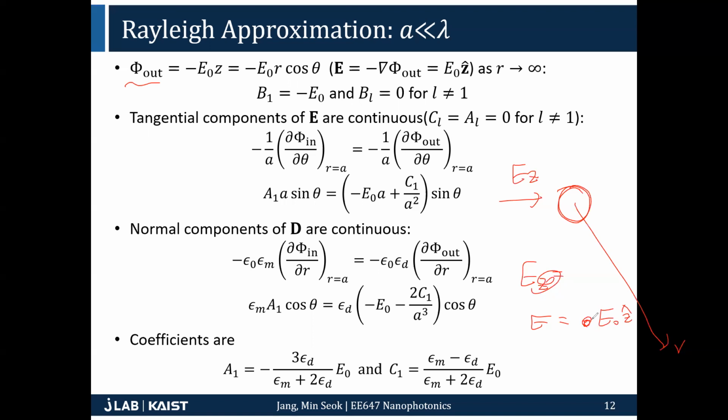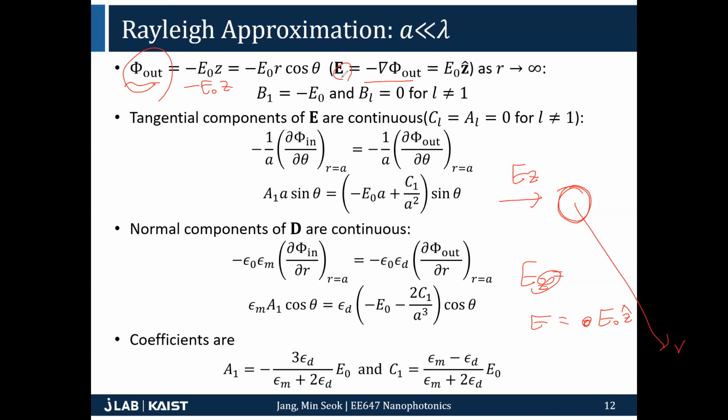What I mean is that if we are far from the particle, the electric field must be the same as the unperturbed field, E0 along Z. So phi must have this form, minus E0 Z, when R goes to infinity, because phi is the scalar potential and the electric field is minus its gradient.